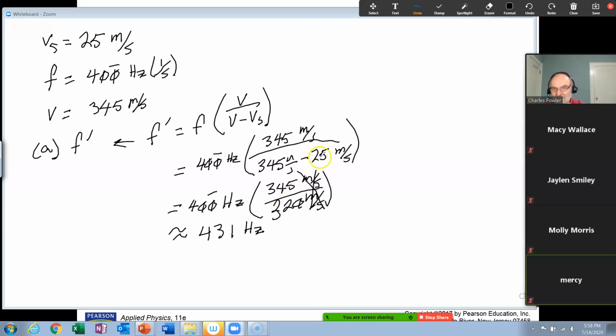Even though that's only 2, when you subtract it from it, you get 3 significant digits. That 0 is significant. I'll put the bar over it so you know that it is, and then that gives you 431 hertz. And that's what they got. Okay, that's the A part.